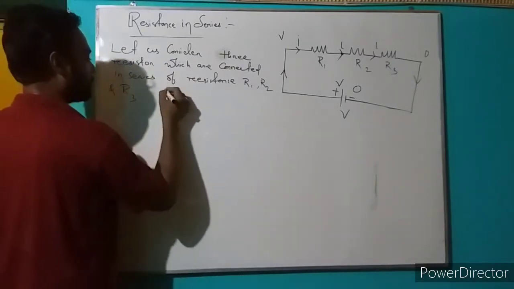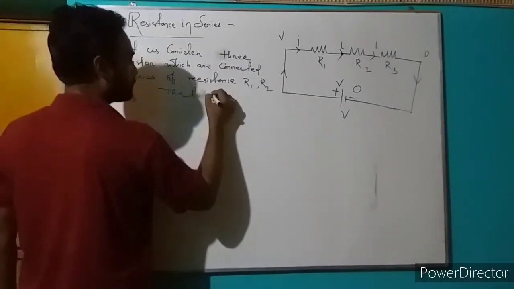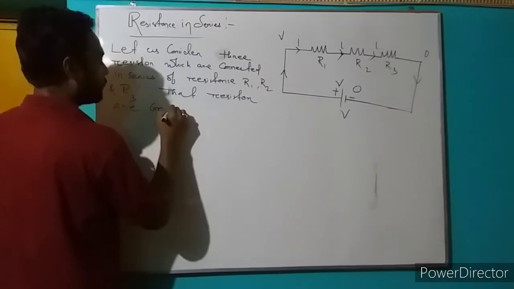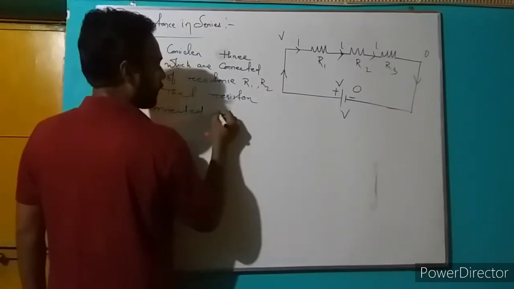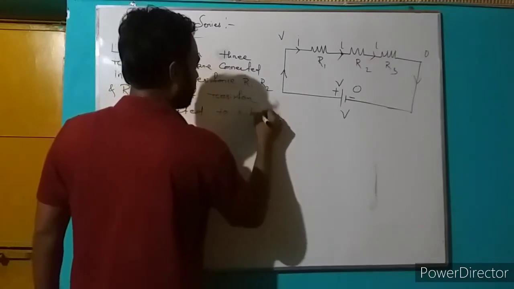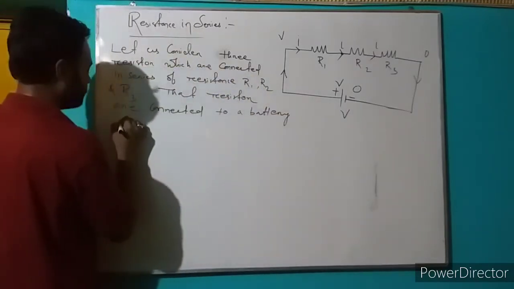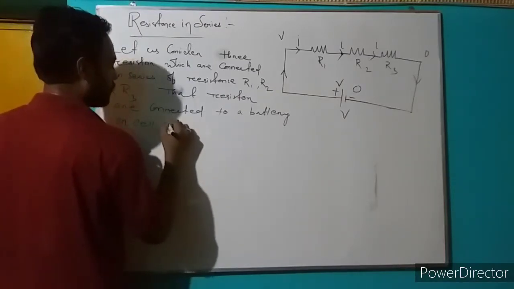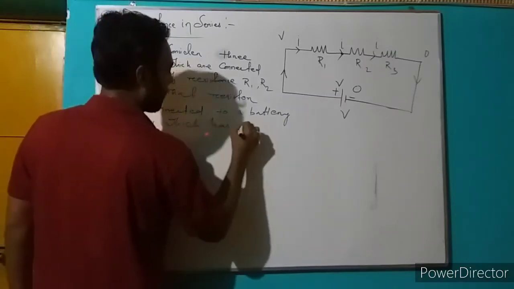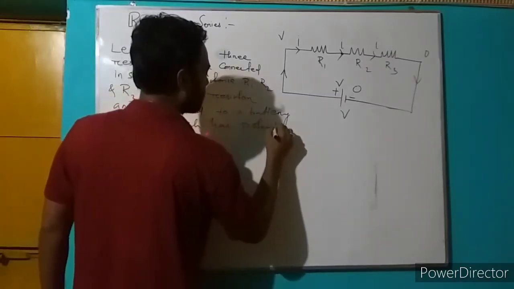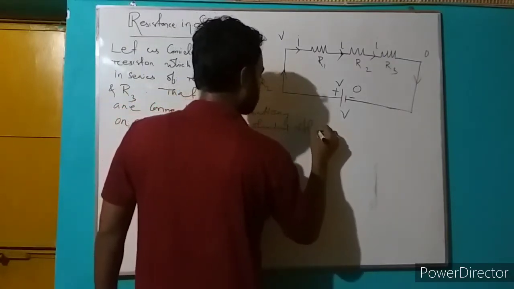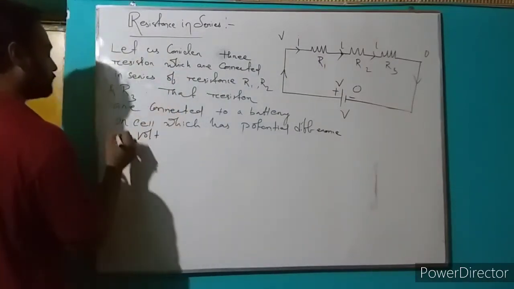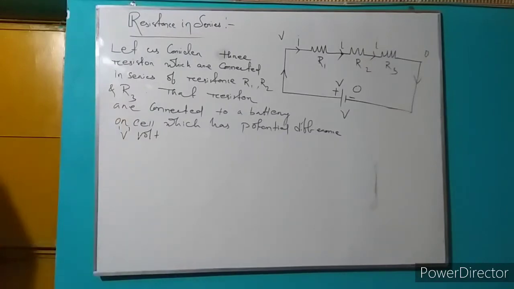Okay, these resistors are connected to a battery or cell which has potential difference V volt. Clear?